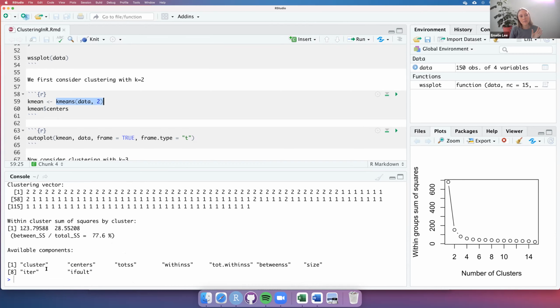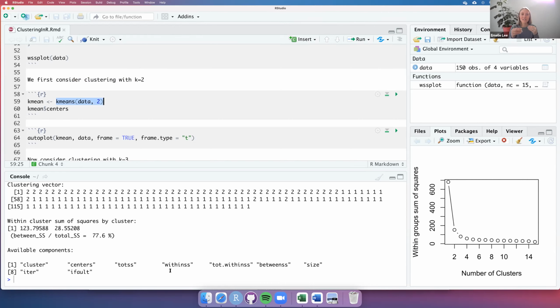If I save it in something like KMean, the available components say that there's a KMean$cluster, a KMean$centers, a KMean$totss, total SS, and KMean$withinss.